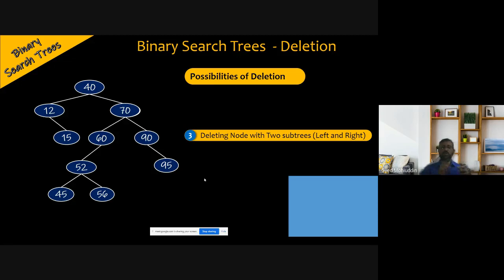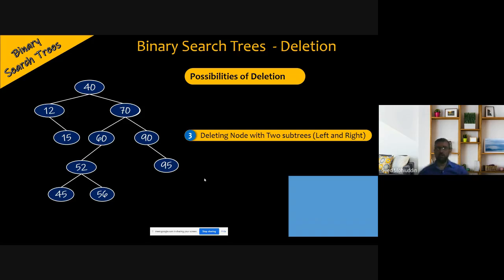Then if you have two subtrees, left as well as right, you can select the left subtree and choose the largest element or node and replace the node which we are deleting, and subsequently create the links. If we consider the right subtree, then choose the lowest or the smallest element and replace the node which we are deleting and subsequently attach the links.